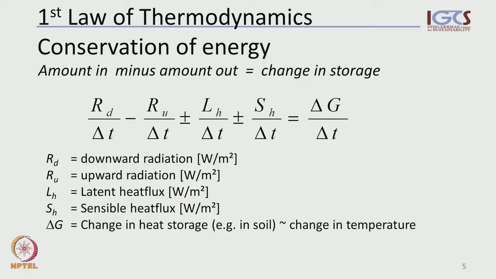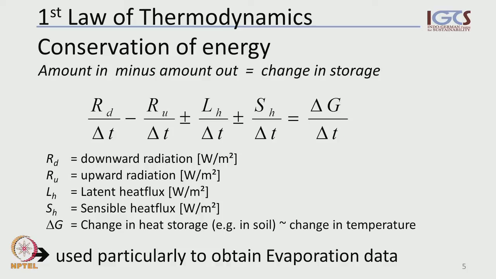And this can be put into a mathematical relationship again, where we express our downward or inward radiation over time minus the outgoing radiation over time plus or minus the latent heat flux and sensible heat flux equals the change in heat storage or change in temperature. That heat storage could be, for instance, the soil layer or a water body.